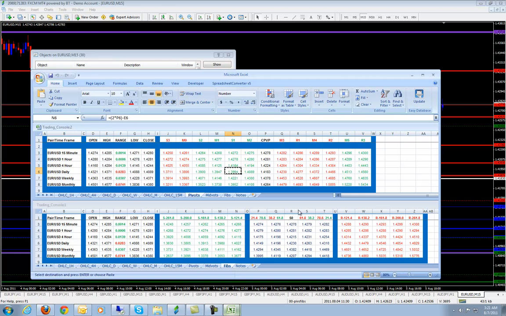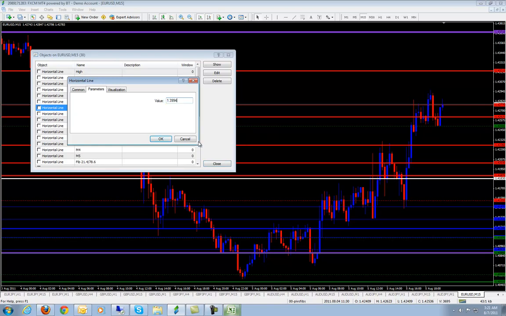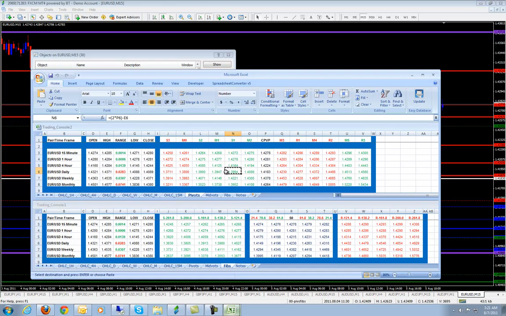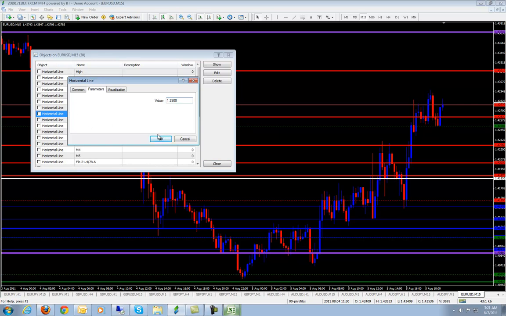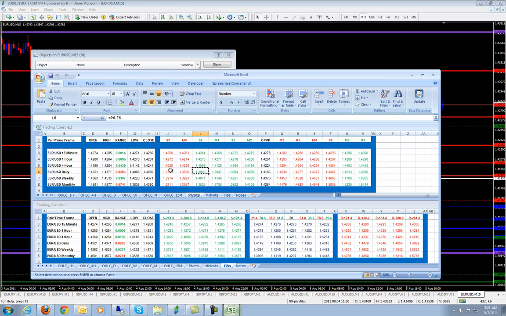This is really good stuff. It's very mathematical, and it'll probably work, but how do I trade off of a spreadsheet? Well, I don't expect you to trade off of a spreadsheet. I don't expect myself to trade off of a spreadsheet. You're going to have to look at the spreadsheet here and there, but you're not going to have to trade off the spreadsheet. This is the daily.